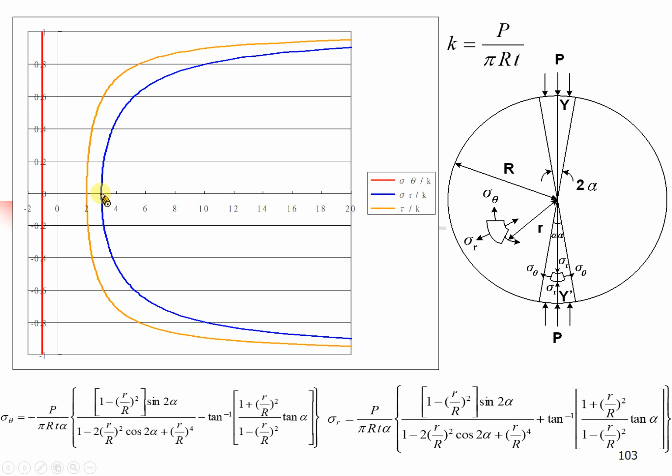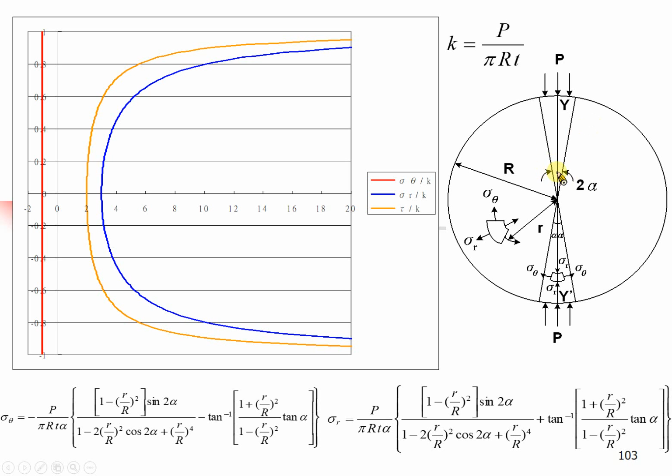It means the radial stress will be compression, positive, and the tangential stress will be negative, tension. So the absolute value of the radial stress will be 3 times larger than the absolute value of the tangential stress. I mentioned this earlier: because the compression strength is usually 10 times the tensile strength, the failure must be tensile failure, not compression failure. Okay, this will be the case when alpha equals 0.